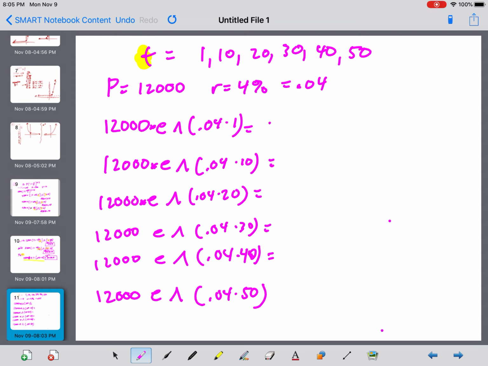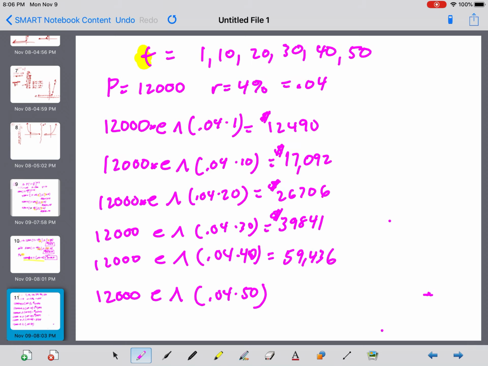So after 1 year of compounding continuously, you'll have $12,490. I'm going to round these to the nearest dollar. There's a lot more decimals, but I'm going to round to the nearest dollar. 10 years, you're going to have $17,092. 20 years, you're going to have $26,706. 30 years, $39,841. 40 years, $59,436.